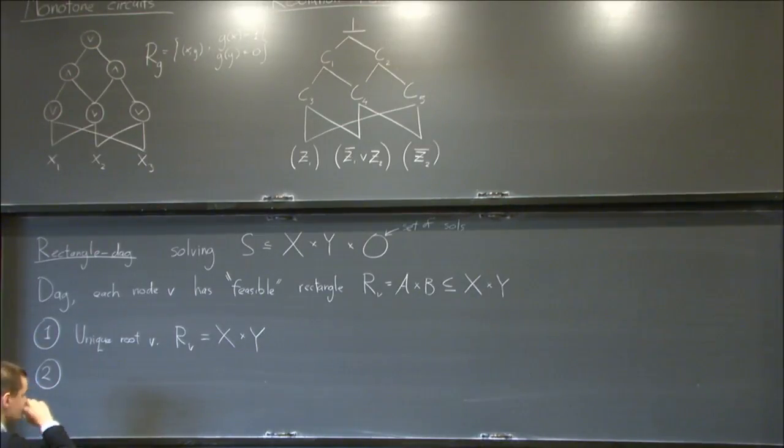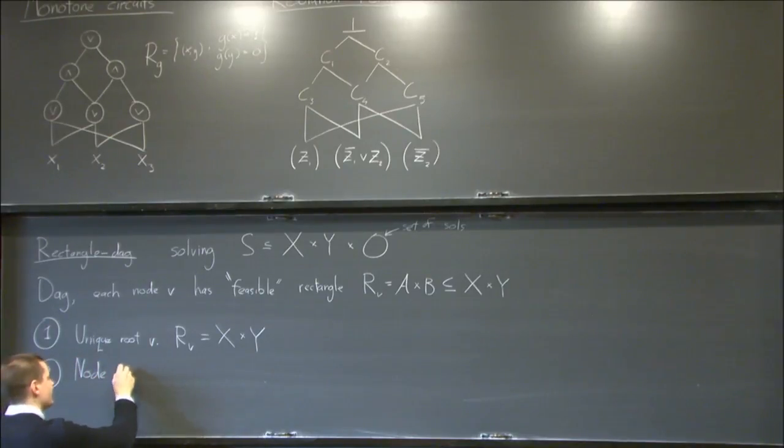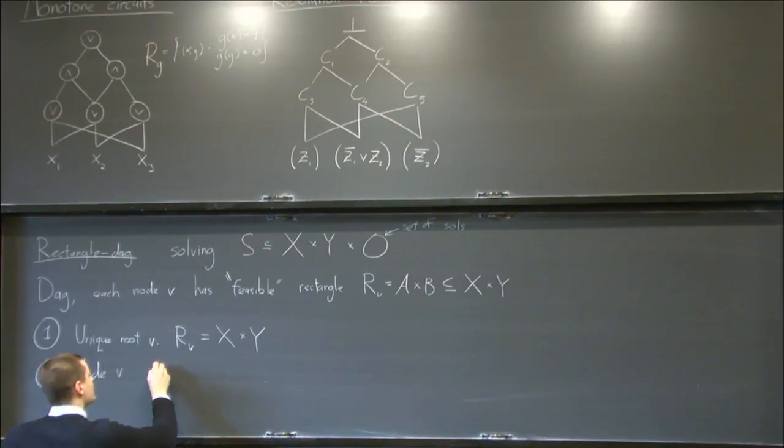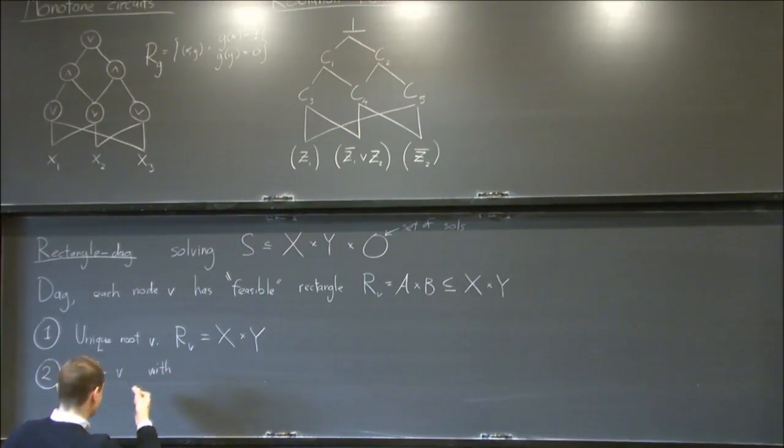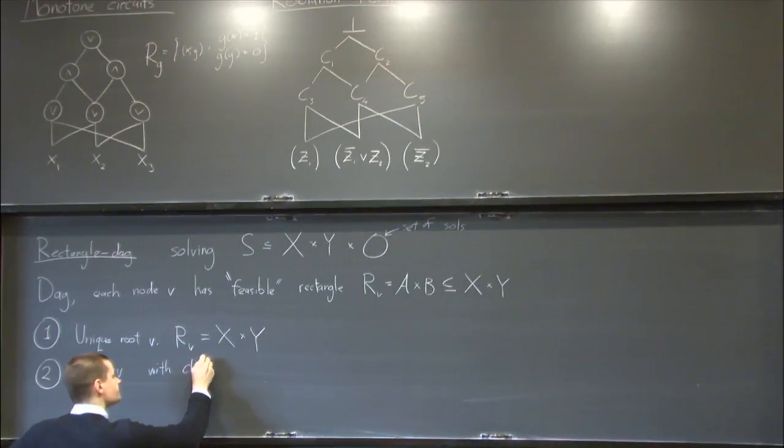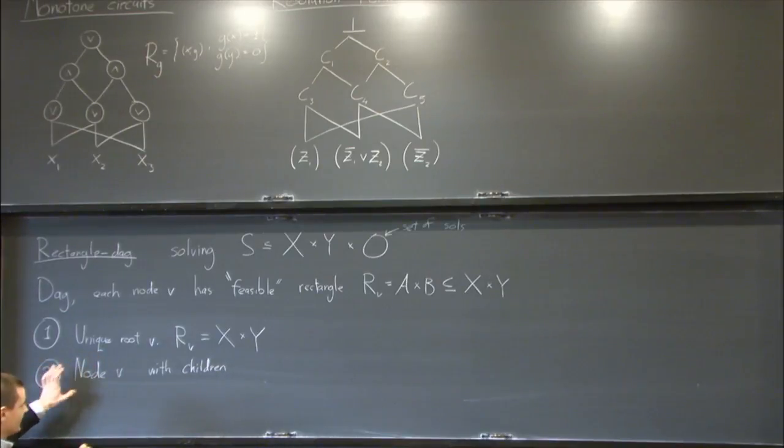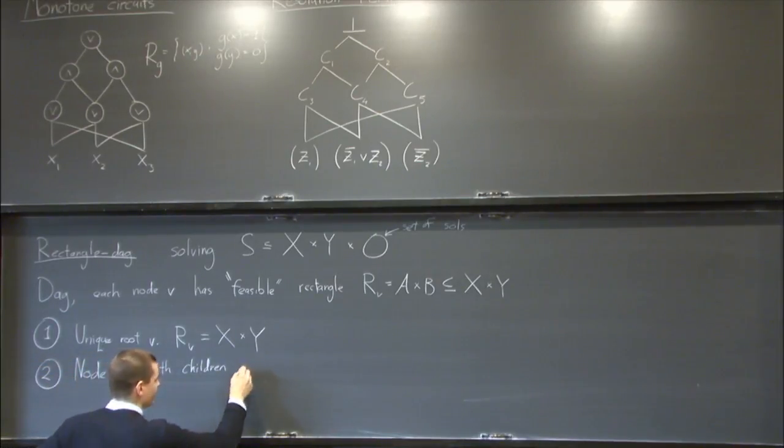So if I have a node V, let's say it's a fan-in two DAG, so every node has at most two children. I should say non-leaf, so it has at least one child but at most two, say U and U prime.